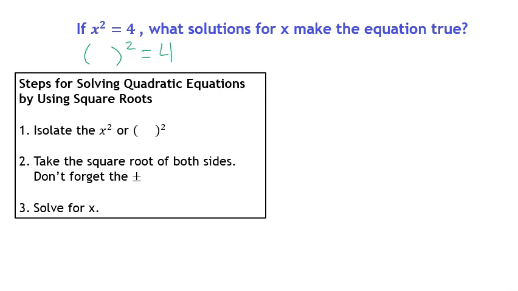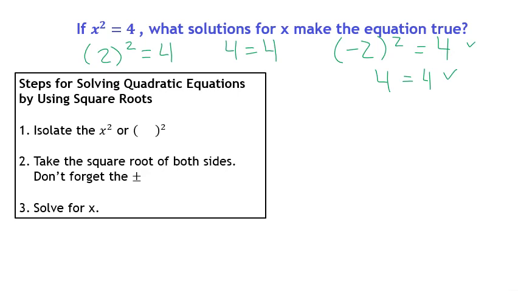There are actually two different values that would work. I could square 2, and 2 squared is equal to 4. But I could also square -2. If I square a negative number, I get a positive. So we have two different solutions.